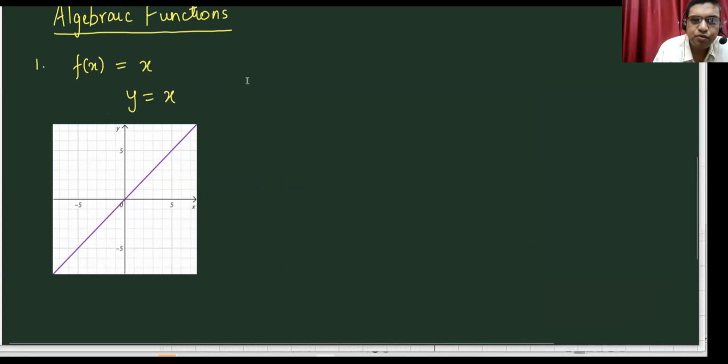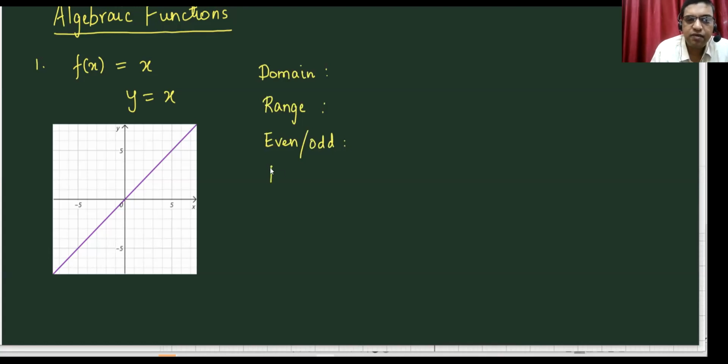Now let us do this exercise for each of these functions. It will clear our concepts very solidly. What is the domain of this function? What is the range of the function? Is the function even or odd? Then is the function periodic? And what is the nature of the function?